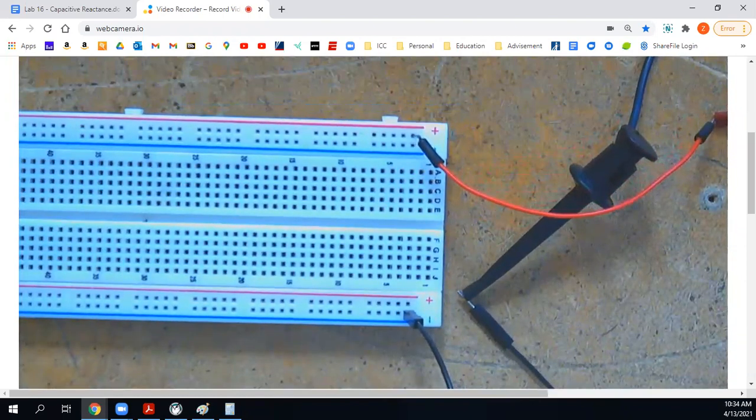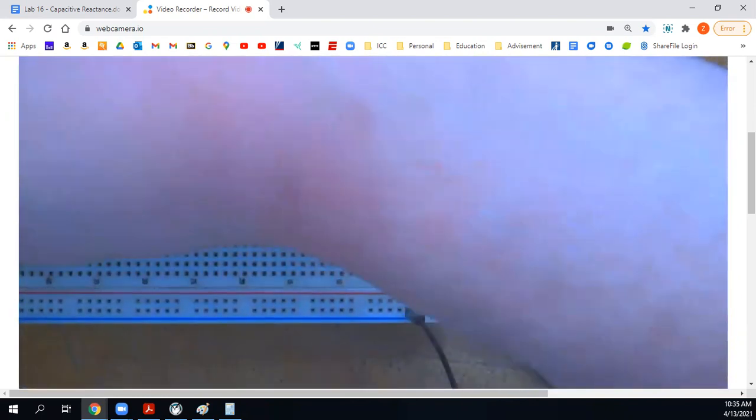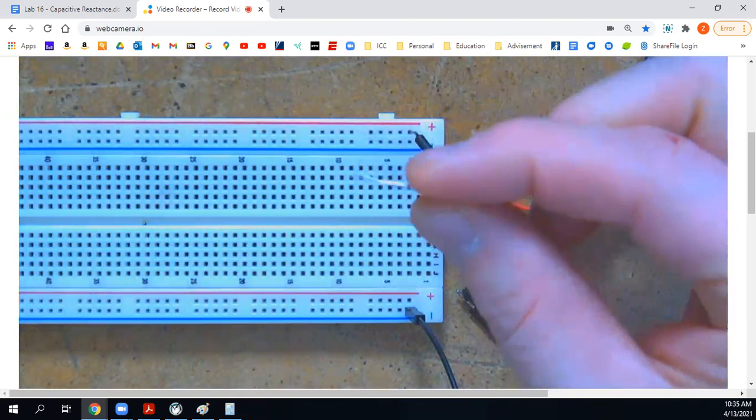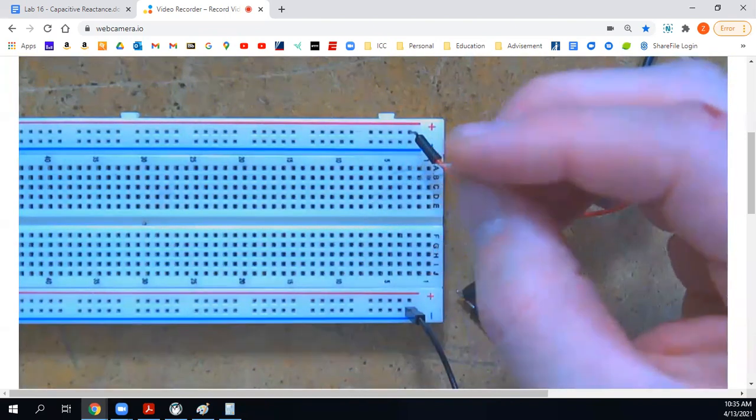And then the circuit says we're going to put a 1 K ohm resistor in series with one of the capacitors. So I'm going to put my capacitor. These things are polarity sensitive, right?